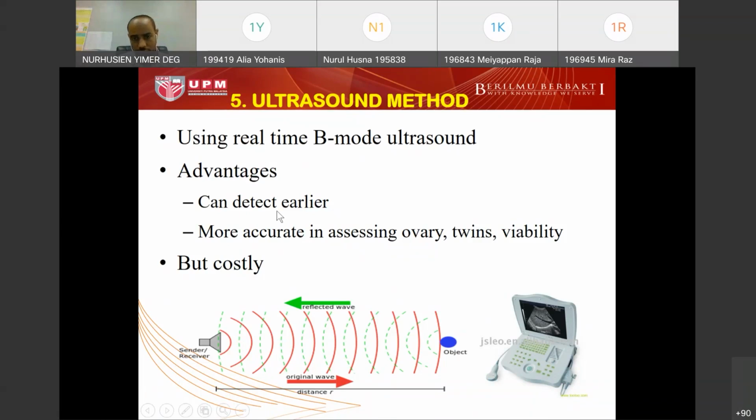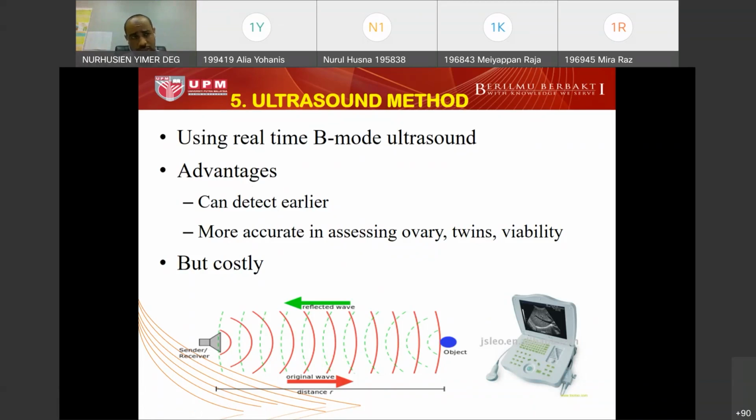And it gives you relatively the most accurate method in terms of examining the ovary, as well as detecting twins, and also in terms of checking the viability of the fetus. So viability, like by 21 days of pregnancy, you can see the heart beating. Remember, during embryogenesis, I mentioned that the cardiovascular system is one of the earliest organ systems in the body to be established during the embryonic life.